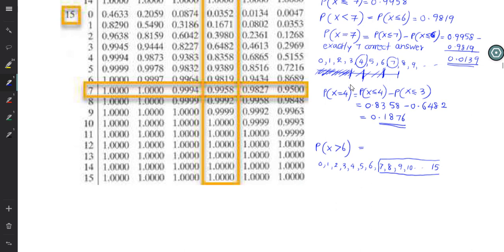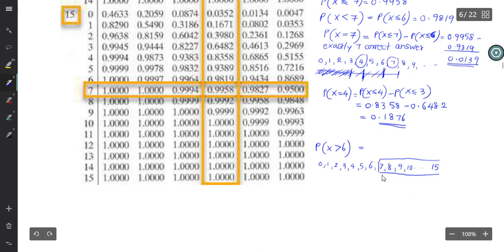Now remember, in the cumulative probability table, not only the binomial table, but many other available cumulative tables, it always gives you the cumulative probability from your left side up to whatever number you have. Everything from 0 up to 6 or 7 or 8 and so on. So if you need the complement, you have to do the 1 minus calculation.